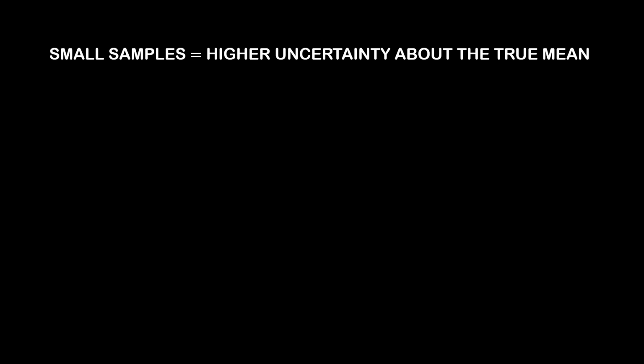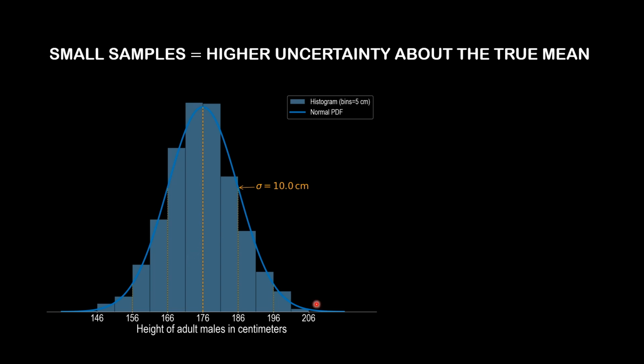deviation. And to illustrate this, suppose that our random variable is the height of adult males in a given country expressed in centimeters. And the true population mean is 176 centimeters, while the true standard deviation of the population is 10 centimeters.